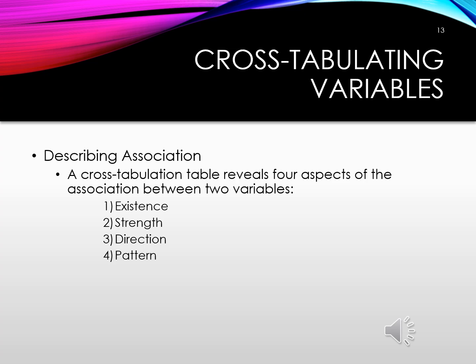And then we have direction: for quantitative variables, do values on the dependent variable tend to increase or decrease with an increase in value of the independent variable? And then pattern: for quantitative variables, are changes in the percentage distribution of the dependent variable fairly regular? Are they simply increasing or decreasing? Or do they vary, perhaps increasing, then decreasing, or perhaps gradually increasing and then rapidly increasing.